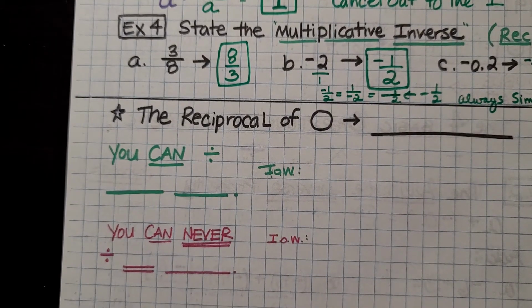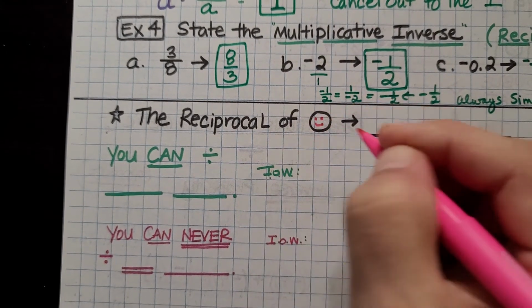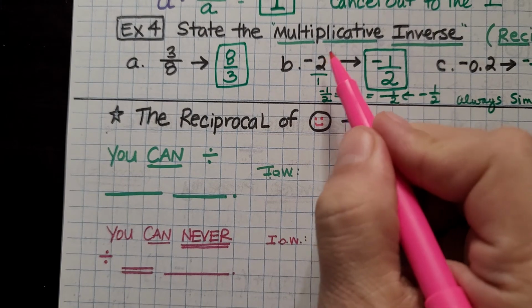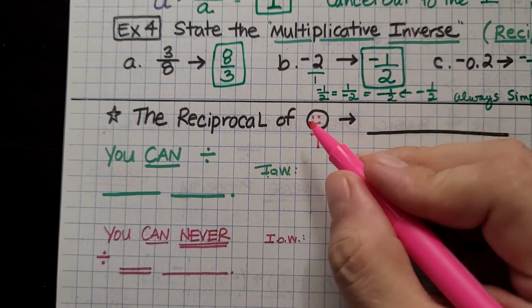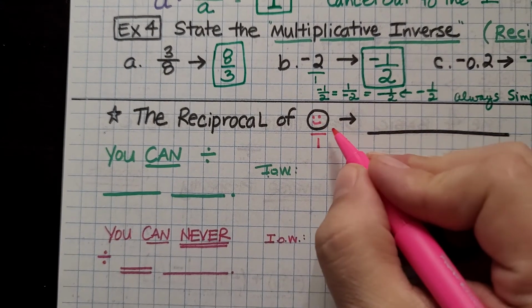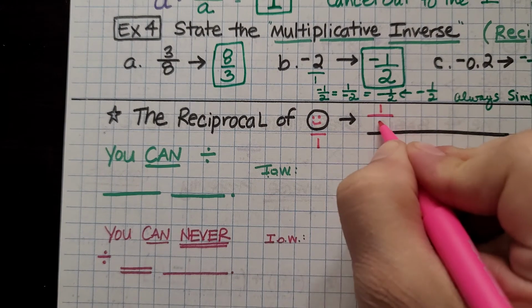The reciprocal of 0. What is the reciprocal of the number 0? Well, think of how we took the reciprocal of -2. We wrote it over 1, and then we flip-flop bottom to top. If we flip-flop bottom to top, we're going to get 1 over 0.